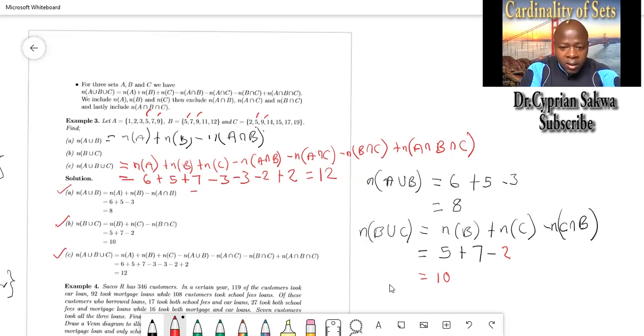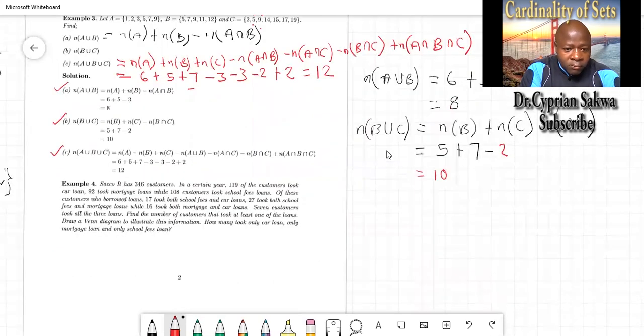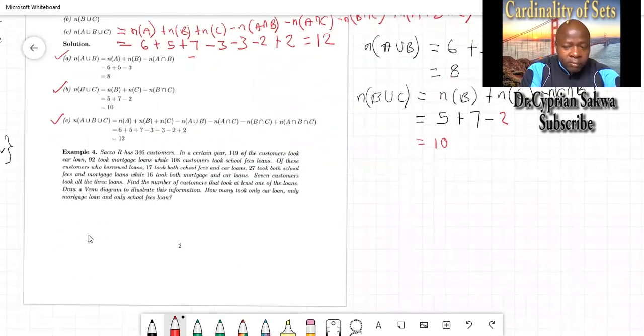Let's look at this other question. It says that a Sacco has 346 customers. In a certain year, 119 of the customers took car loans, 92 took mortgage loans, while 108 customers took school fees loans.